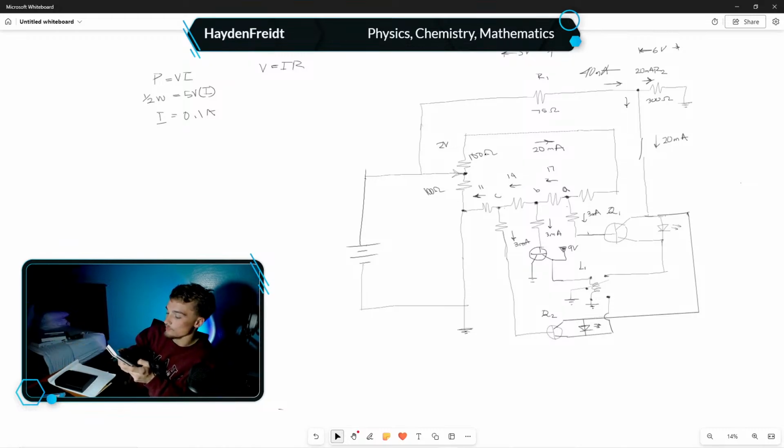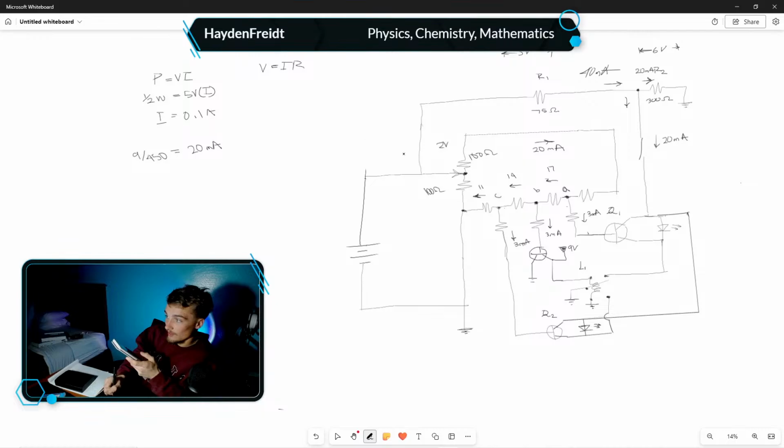If it's at 60 ohms, we have 9 divided by what? We were originally at 450 ohms. In order to get 20 milliamps running through this entire circuit, I need a total resistance of 450 ohms: 9 divided by 450 equals 20 milliamps.